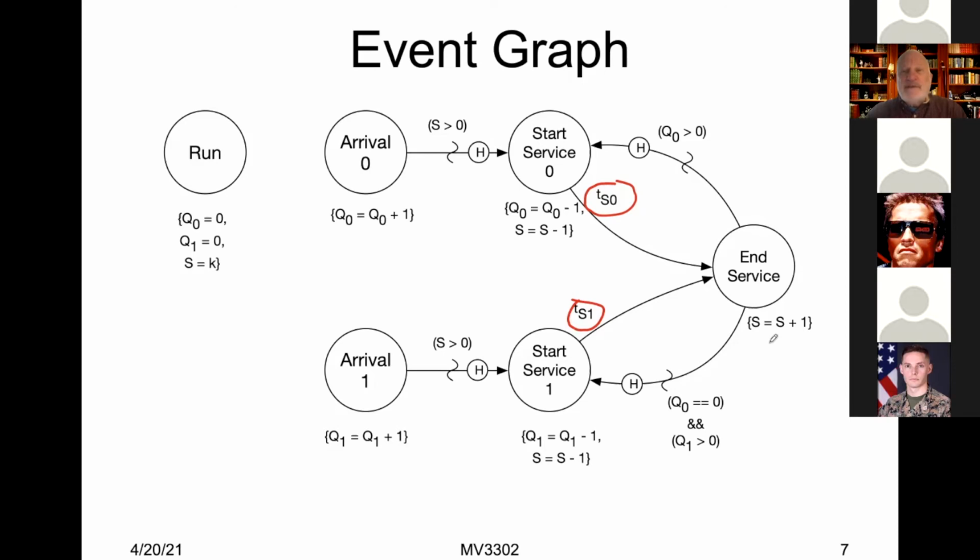Now in a situation where I have two types, if I have an event that says I start service on a customer of type 0 using a server of type 0, then I know that the service time is going to be the service time for a customer of type 0 on a server of type 0, or T_S00.